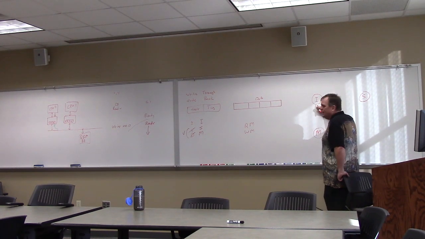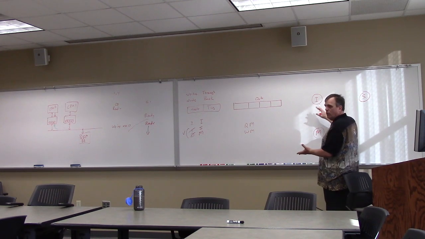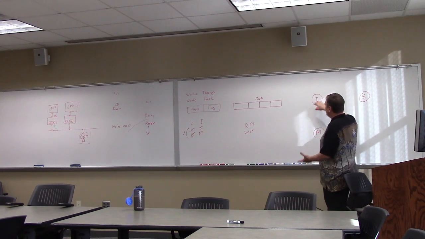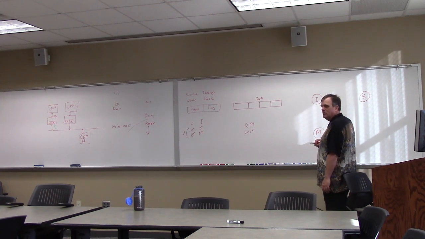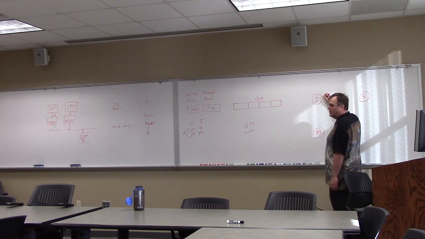If I'm invalid and I get a read miss, I'm going to have to do a couple things. But the first question is, what state do I go to? Should I go to modified, shared, or stay at invalid? Well, think about what it goes into.